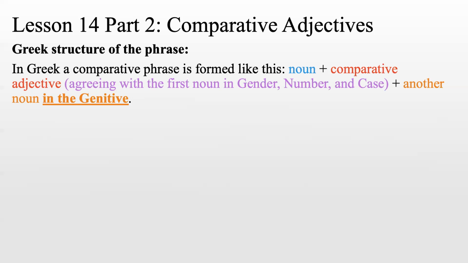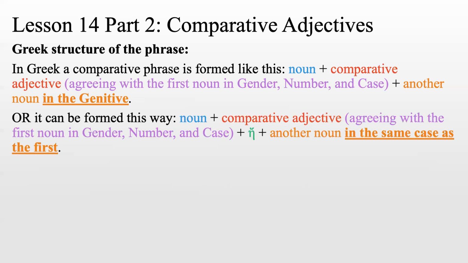That was a noun. Then we had a linking verb, which we don't have here. Then we had a comparative adjective, didn't have to agree because it's English. Then we had the word than, which is missing here. And then we had another noun, but we don't have case. So here we got a noun, same. Comparative adjective has to agree. The agree is different. Then we've got another noun, and it has to be in the genitive.